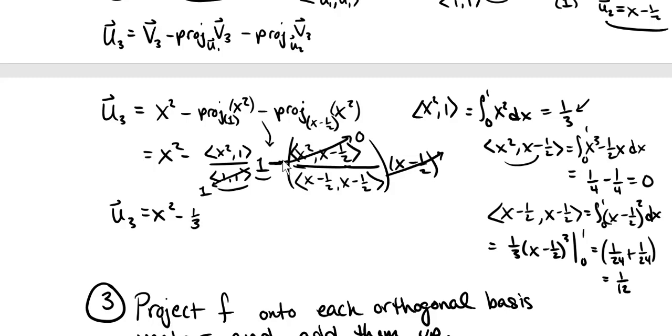And this whole mess here went to 0 because this inner product of x squared with x minus a half was 0. Those must be orthogonal in this inner product space because they have an inner product of 0. Anyway, let me delete that. It's extra.